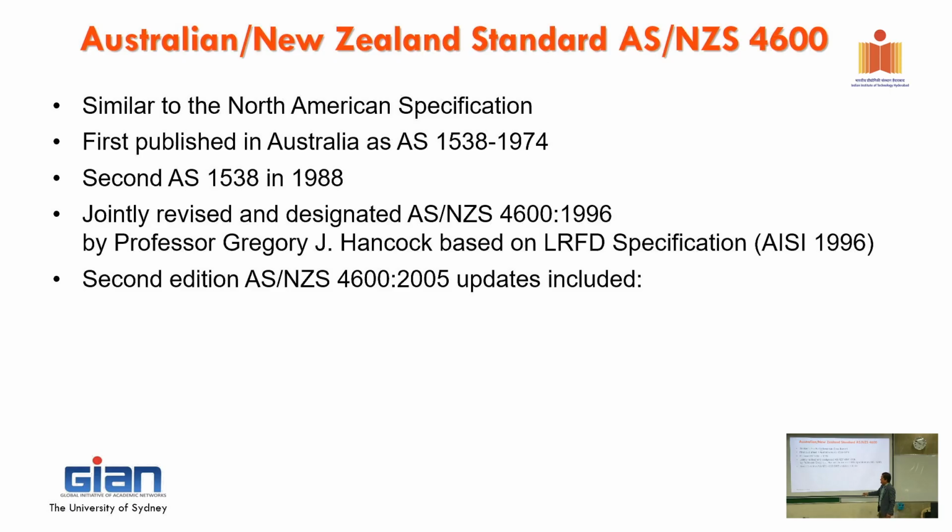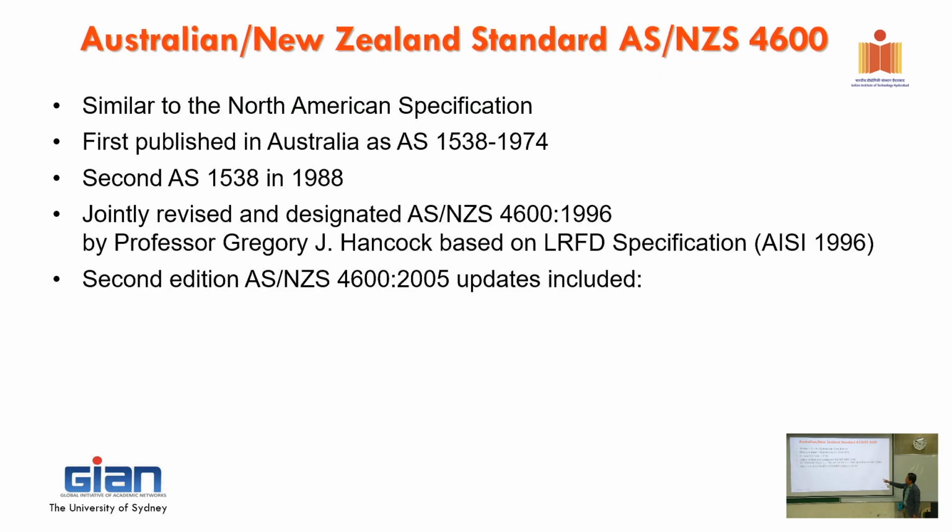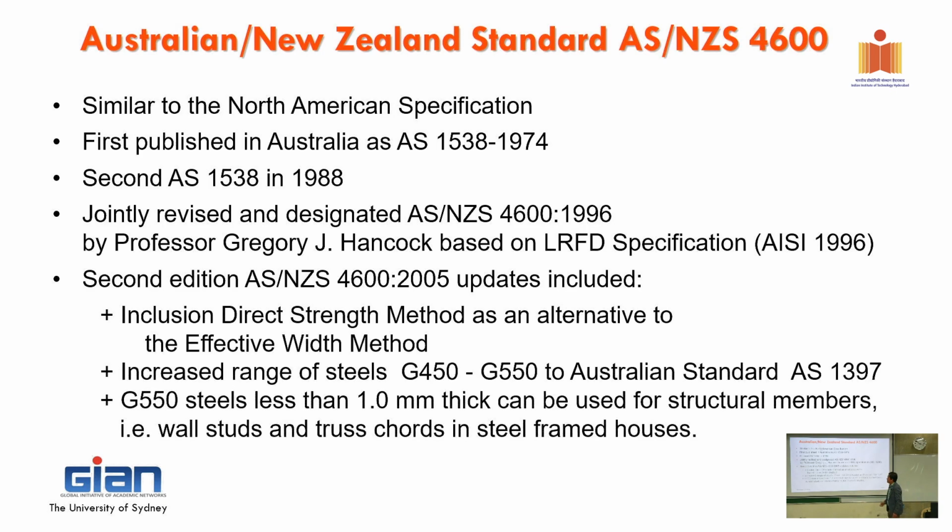All right, it took a little bit of time, probably 10 years, and the second edition was updated in 2005. A lot of things happened at that time: he included the new direct strength method as an alternative to effective width.